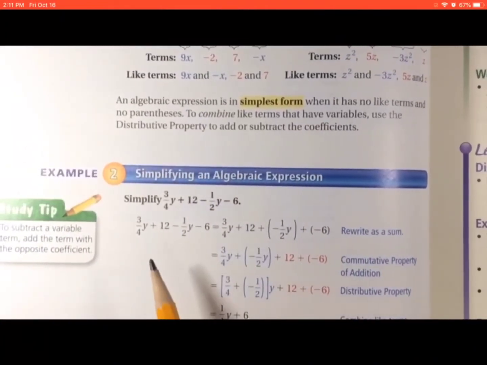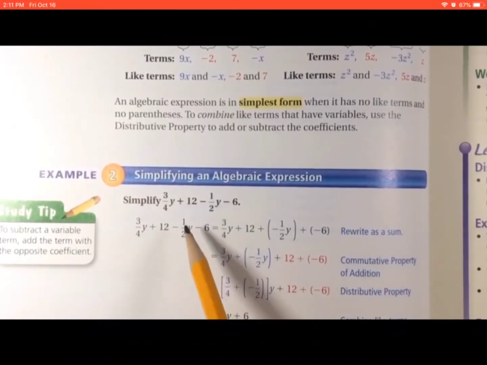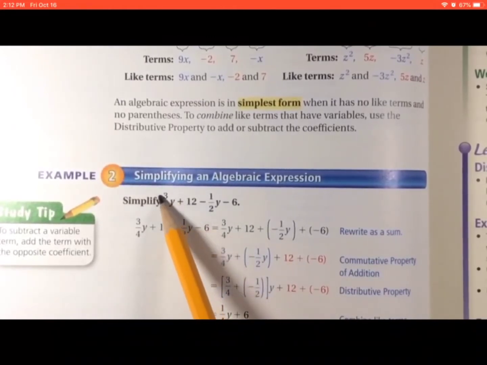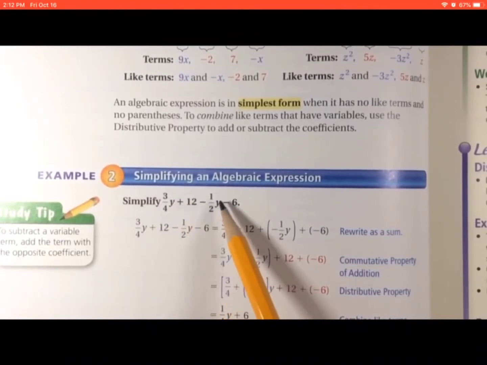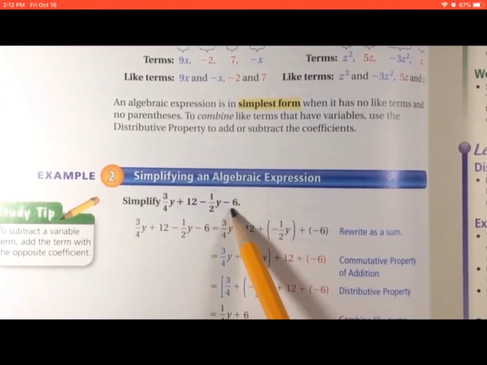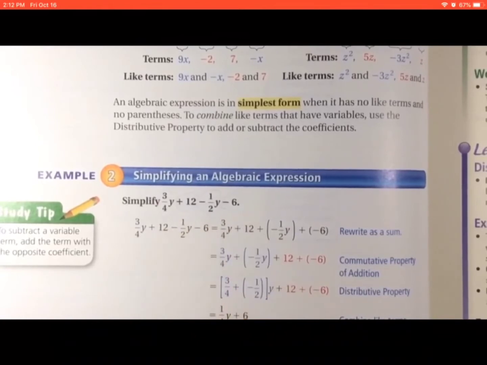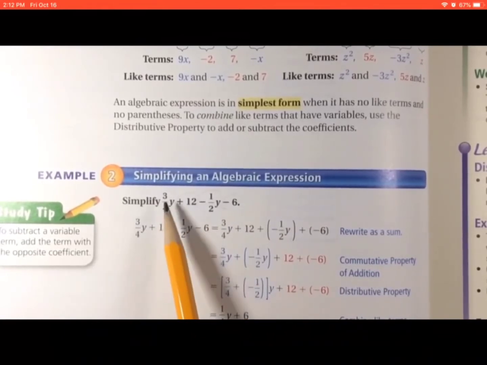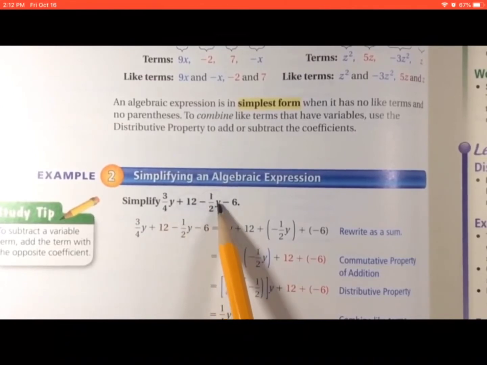We want to simplify this expression right here. So first, let's look at what the terms are. We've got 3/4 y, 12, negative 1/2 y, negative 6. Okay, so there are our terms. We combine like terms. 3/4 y minus 1/2 y.